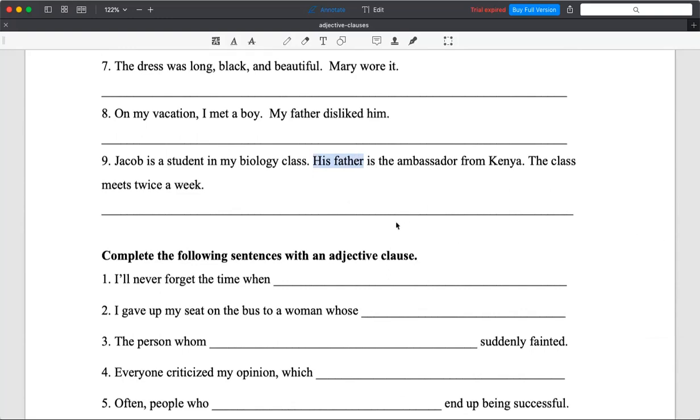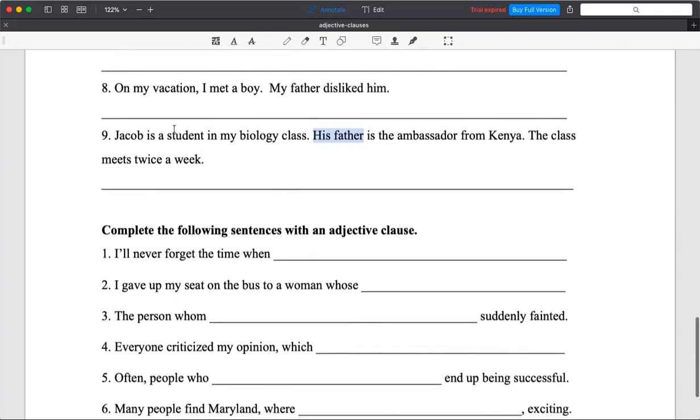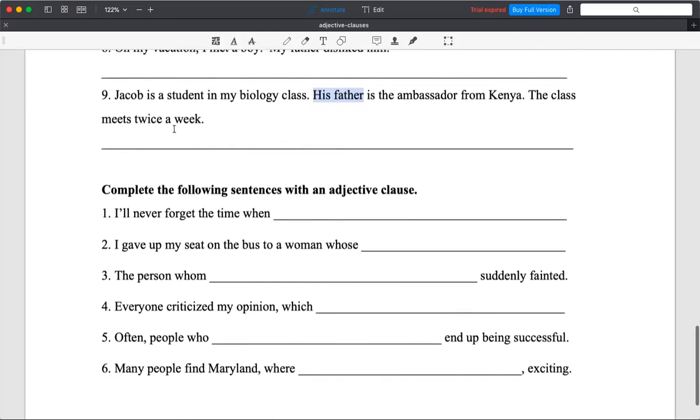So I would say Jacob is a student in my biology class whose father is an ambassador from Kenya, where or when, because twice a week is a time, right? When the class meets twice a week. So once again, Jacob is a student in my biology class whose father is an ambassador from Kenya, when the class meets twice a week, for example.